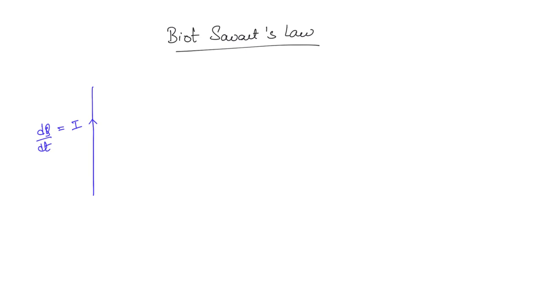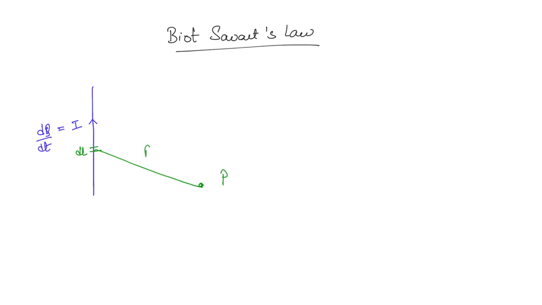Okay, so now according to the Biot-Savart's law, if you take a differential current element, let us say the length is dl. Now you want to find out the magnetic field at a point, say P. Because of this differential current element, what will be the magnetic field?